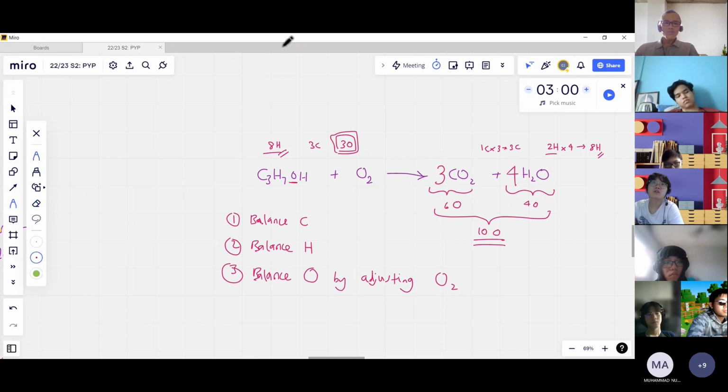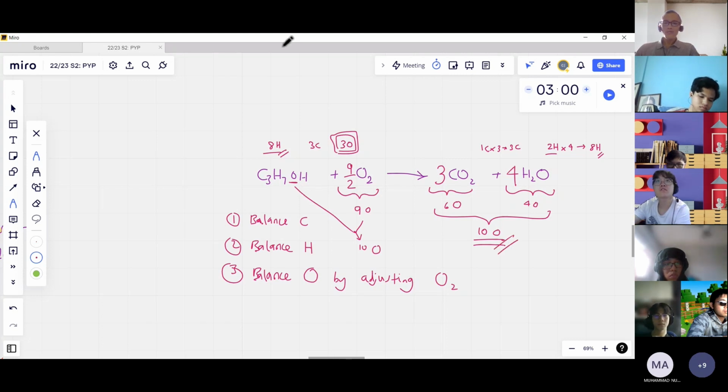The easiest way is just have a 9/2 fraction, because 9/2 times 2 will give me 9. So 9 plus 1 will give me 10. So now I have 10 oxygen on the left, and 10 on the right. So everyone is balanced and happy.